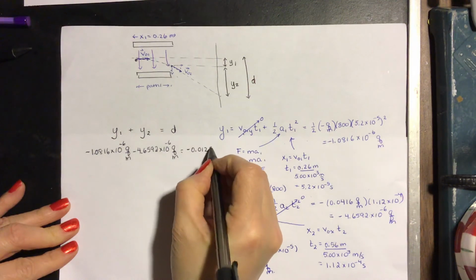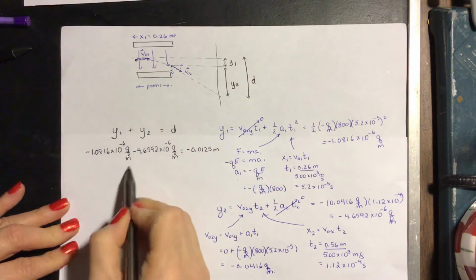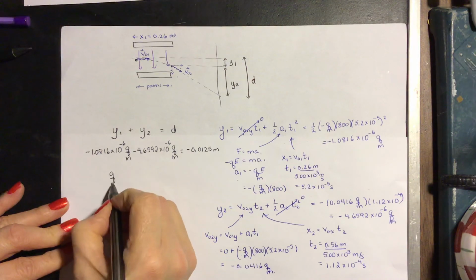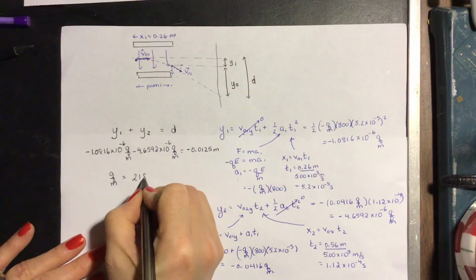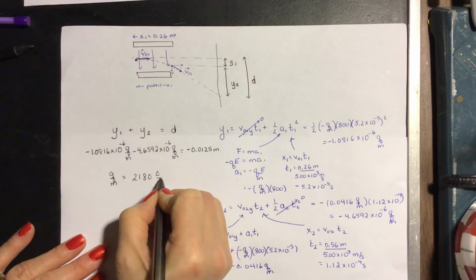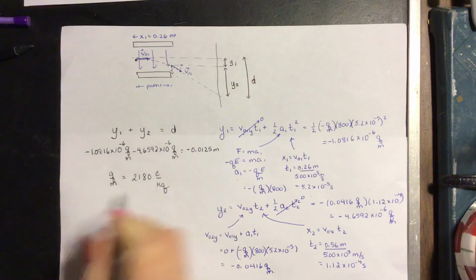We'll just put that in meters. Then we can solve for q over m, and what we find for q over m is 2,180 coulombs per kilogram. So that's the charge to mass ratio of that little charge.